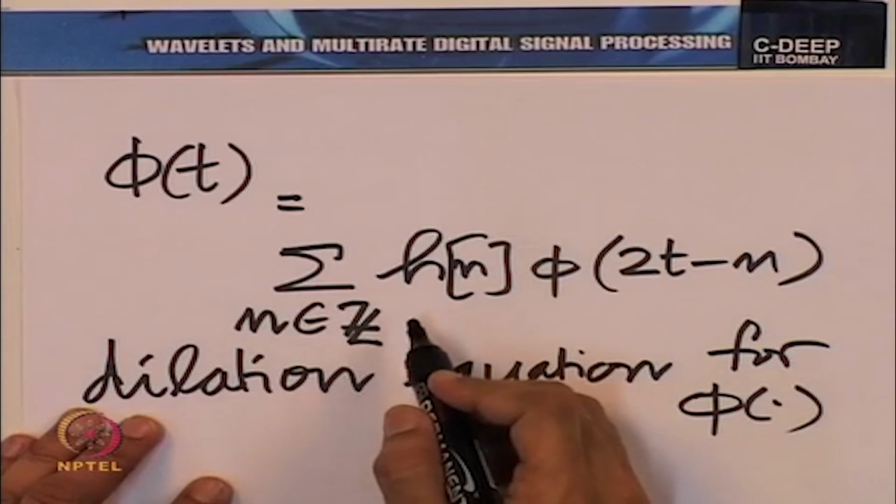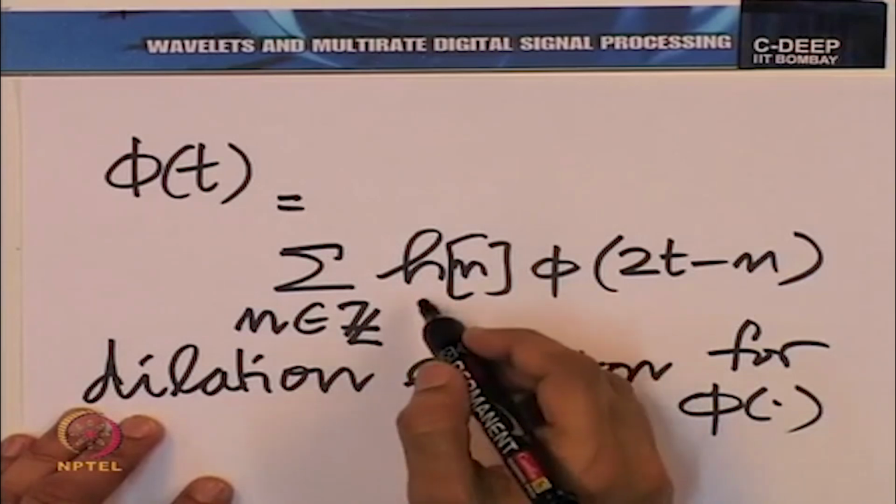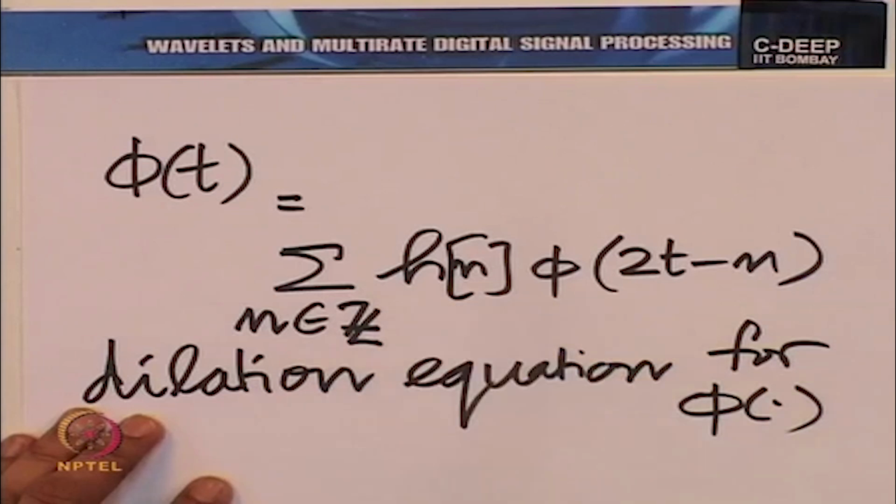From this, we shall be able to completely characterize the Fourier transform of phi in terms of the discrete time Fourier transform of the sequence H.